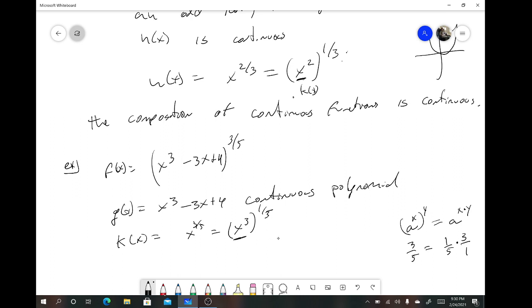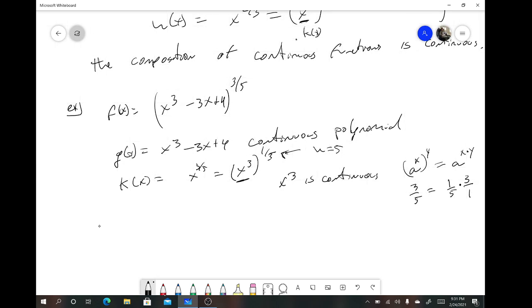And we know that x cubed is continuous because it's a polynomial. And by the fact given above, since this is being raised to an odd root, here n is 5 and 5 is odd, then that's also continuous.